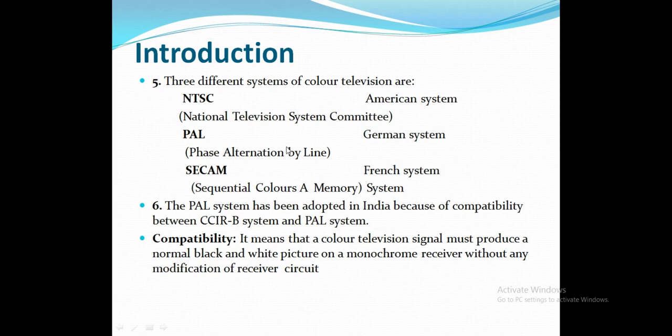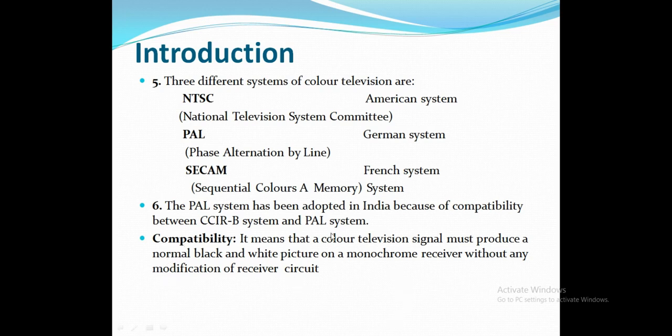In color television, we have NTSC, that is National Television System Committee, PAL, phase alternation by line, and next one is SECAM, that is sequential colors and memory system. In India we use the PAL system that is compatible with the CCIR B standards in the 625 line system.